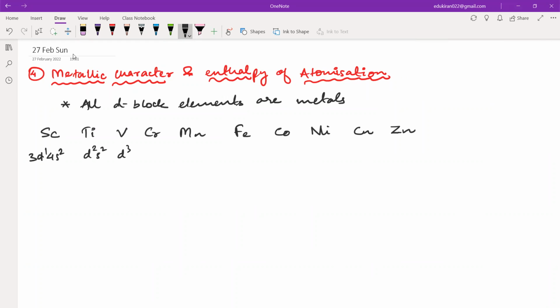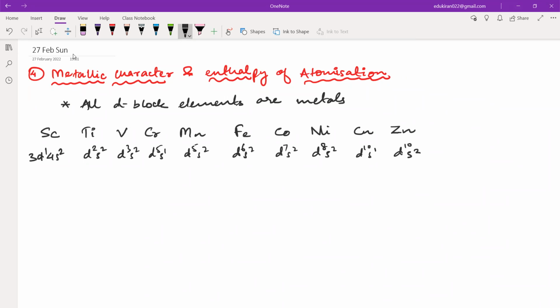Vanadium is d3s2. Chromium is d5s1. Manganese is d5s2. Iron is d6s2. Cobalt is d7s2. Nickel is d8s2. Copper is d10s1. And zinc will be d10s2.